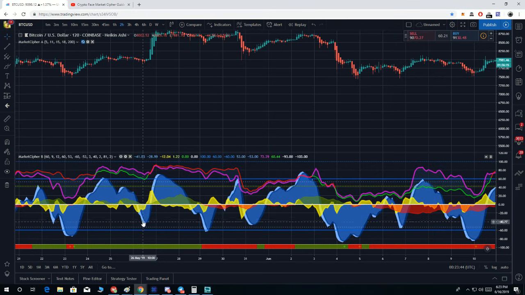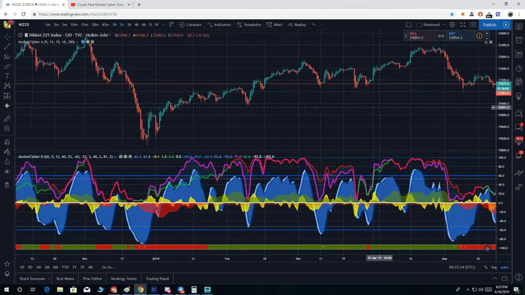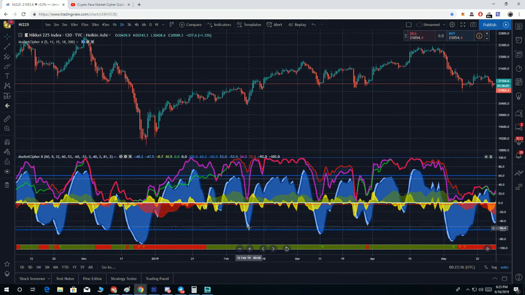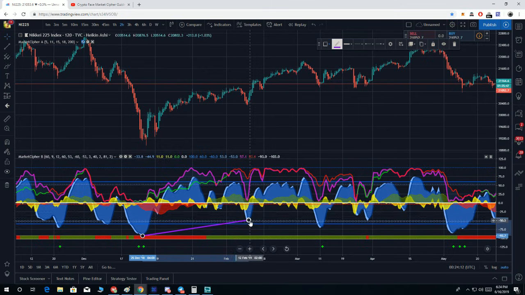We are looking for the light blue or white to cut into the dark blue, which signifies basically a bottom. So in this case, take this blue line and boom, this right here I would long, since we're on the bottom. This would be a long call right here.